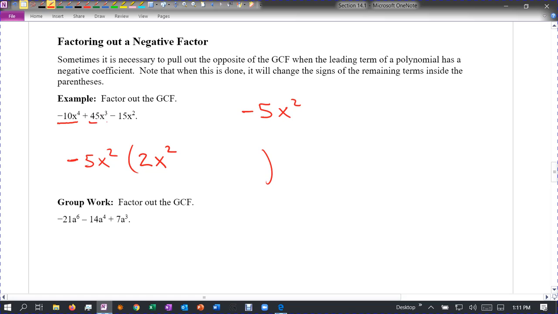Now for the next piece, positive 45x cubed, I need to actually multiply by negative 9, because negative 5 times negative 9 will give me positive 45. And then I also need an x because I need it to be an x cubed, but I'm starting here with x squared. And then lastly, I need negative 15. So negative 15, I'm going to do positive 3 here. And I need x squared to turn into x squared, but it already is x squared, so the positive 3 should just be fine.